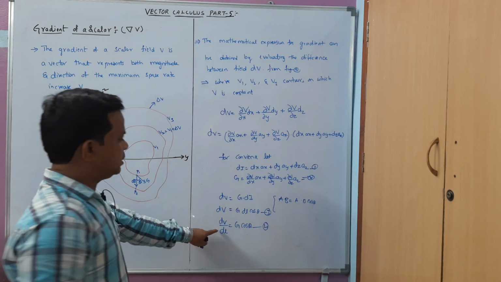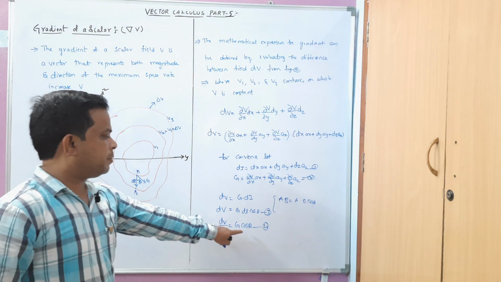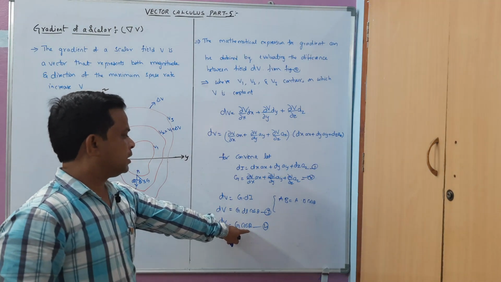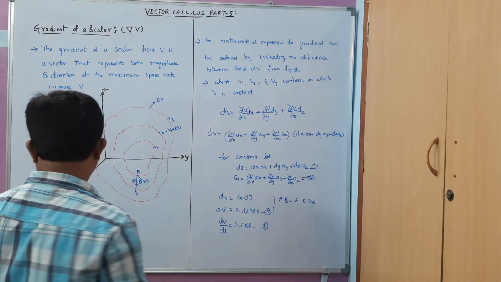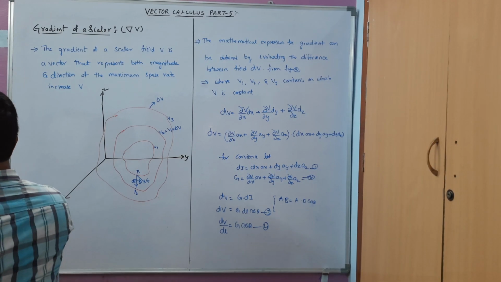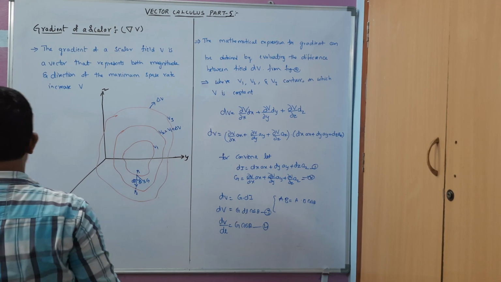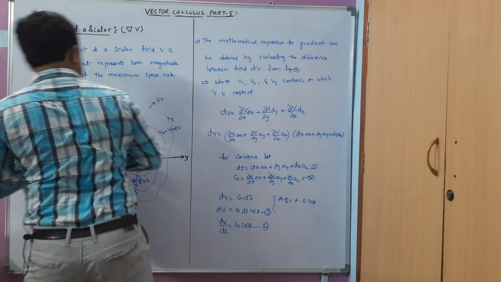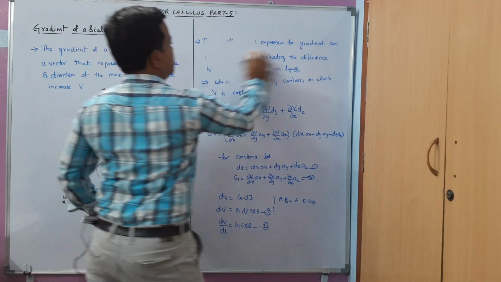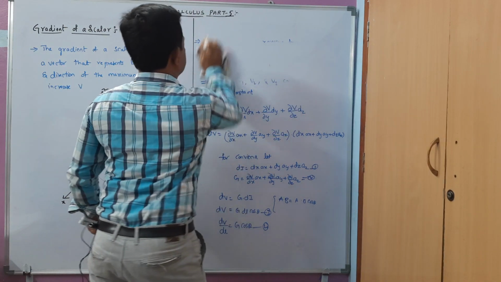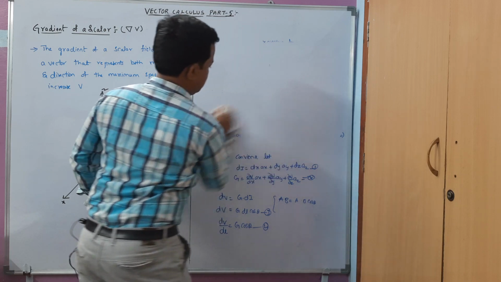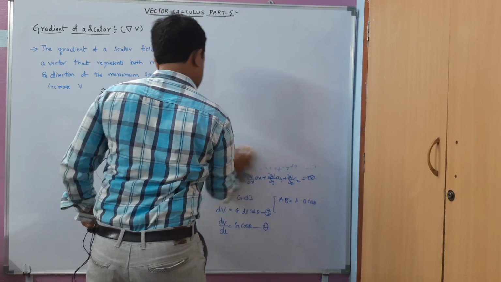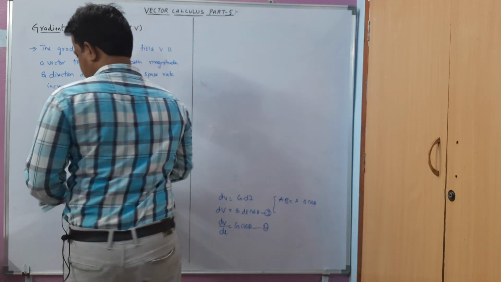Now you can see dV by dl will be maximum when cos 0, that is, if the angle between the two vectors is 0, it is maximum, okay. Let me erase this one. I will write again here. So now I can write the angle between them.